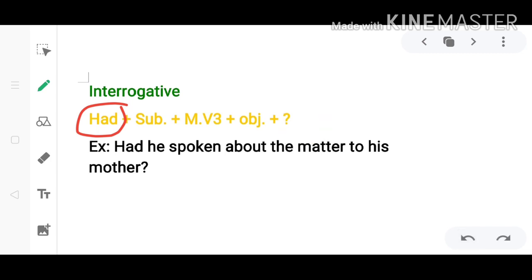So, had he spoken about the matter to his mother? If we make it affirmative, we say: he had spoken about the matter to his mother. But now in the interrogative, we have put had before the subject he, and at the last we have added a question mark.